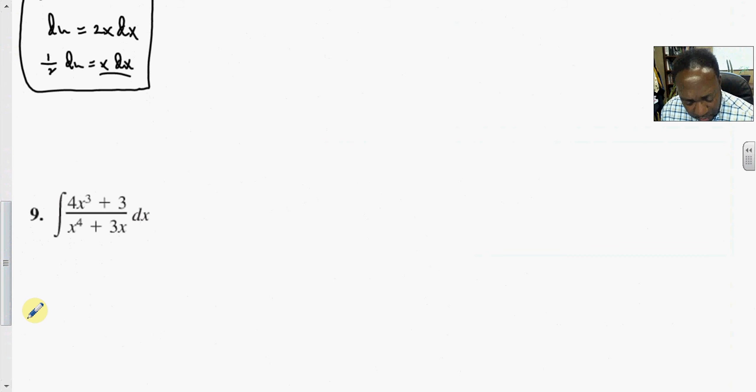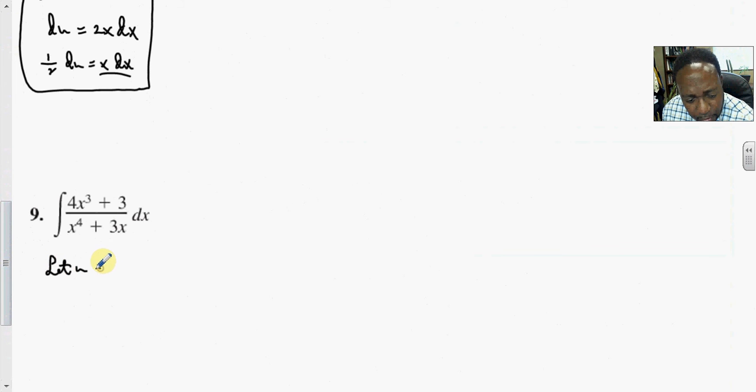Doesn't matter how it looks, you still use the same concept to tackle even trickier, more difficult problems. Look at the relationship. This is x to the fourth plus 3x. Take the derivative of that, I get some form of x cubed plus a constant, and that constant happens to be a 3, so we may be in the house.